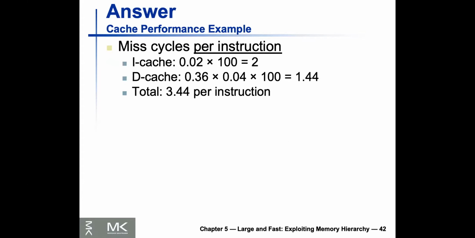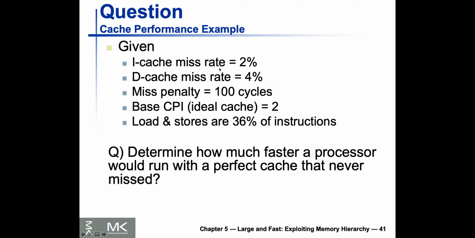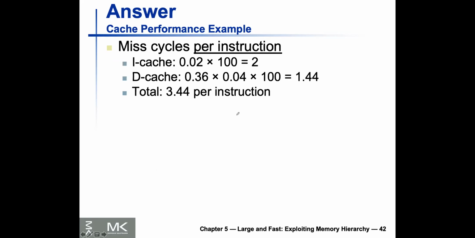Now we need to first compute the miss cycles per instruction, because we have so many instructions. We knew that the iCache was 2%, so that would be 2.